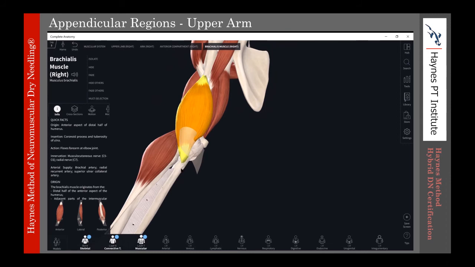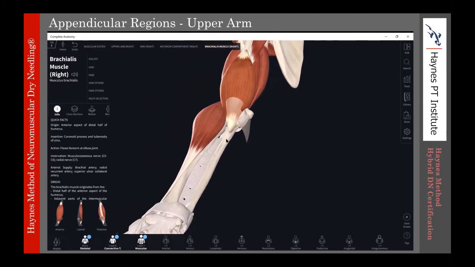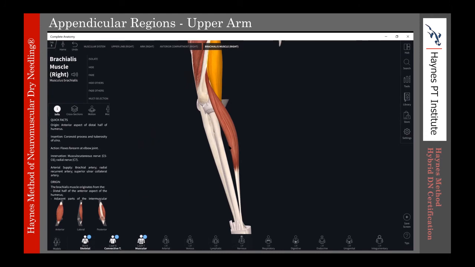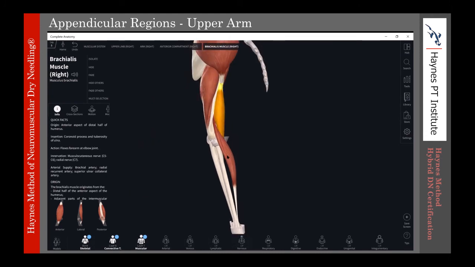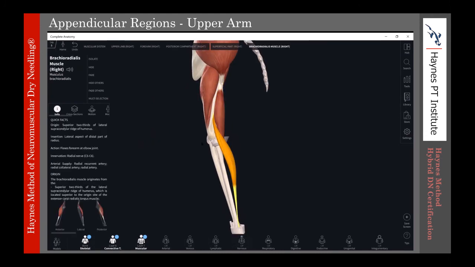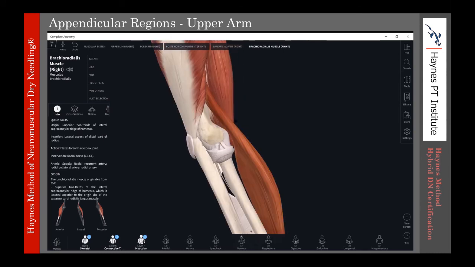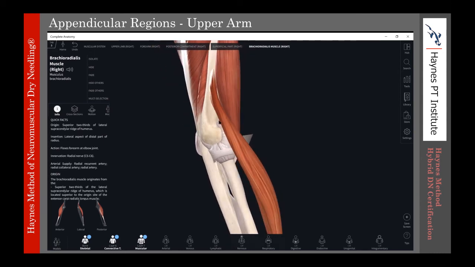And then finally, I include this in this segment because frequently if we're dealing with lateral issues, the brachioradialis comes up with its origin fairly high above the elbow. So its origin is the superior two-thirds of the lateral supracondylar ridge of the humerus. So as you can see, its footprint comes up fairly high.